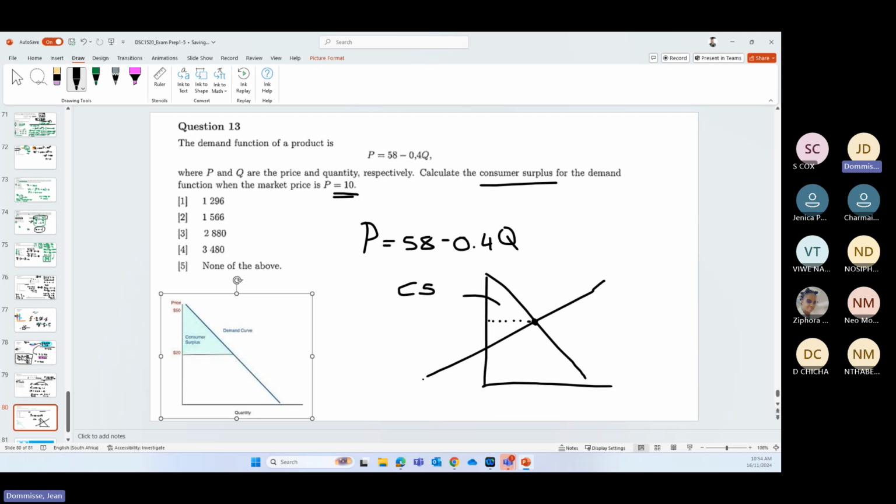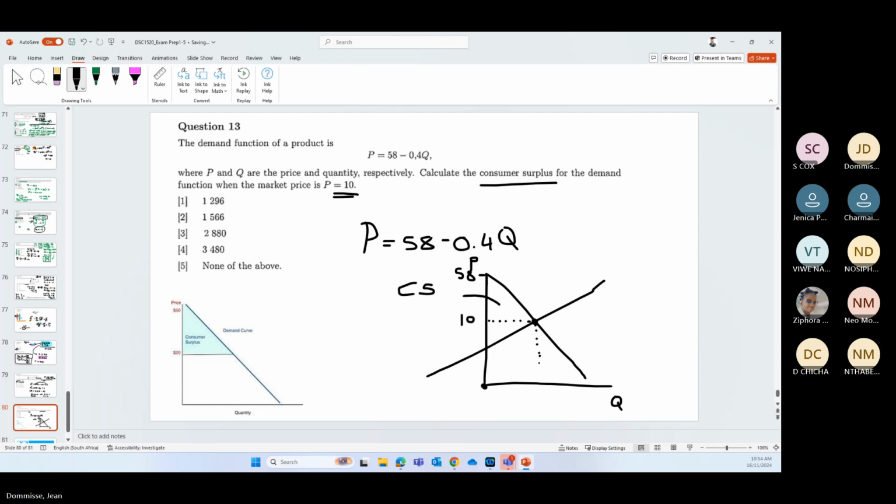So here we can see that's price, that's quantity. Where Q is equal to 0, the price will be 58. So that is 58. They want us to work out at that market price of 10.